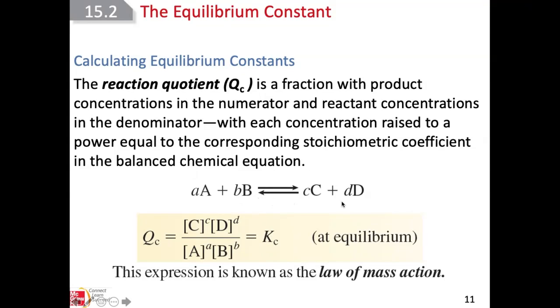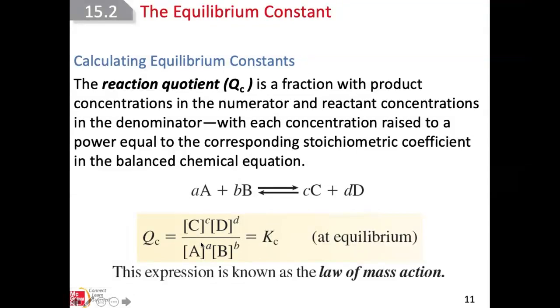So if I have this general equation, A plus B makes C and D, once again it's a double-headed arrow, which tells us that we have equilibrium. Qc, the reaction quotient, is a fraction. It equals this expression. Do you see there is no "eq" over here? Because those concentrations are not the concentrations at equilibrium.